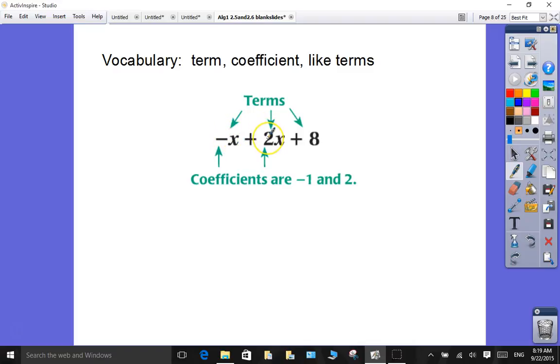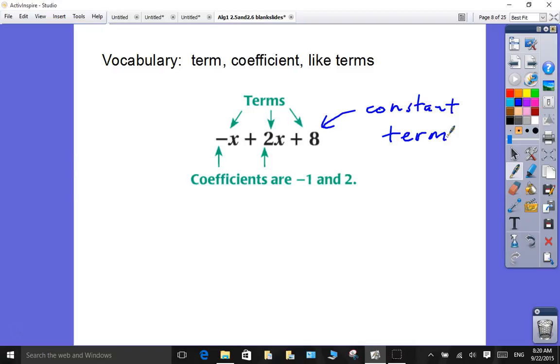The next one had 2 as the coefficient. The last term doesn't have a variable, so we call that a constant term. I probably should have put that on there. So this one is a constant, meaning it doesn't vary. Because there's no variable, it doesn't vary.